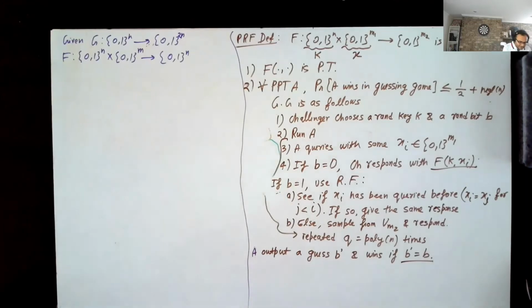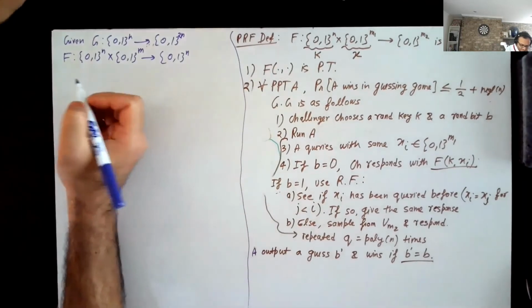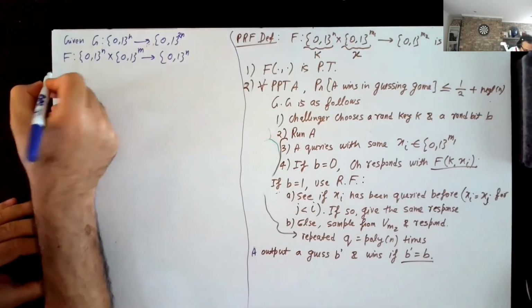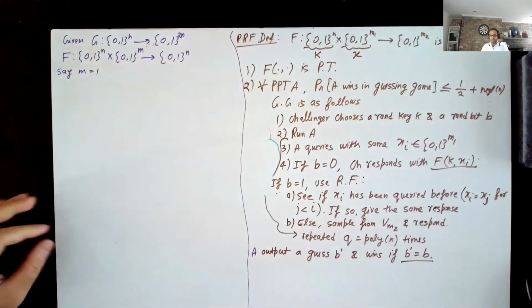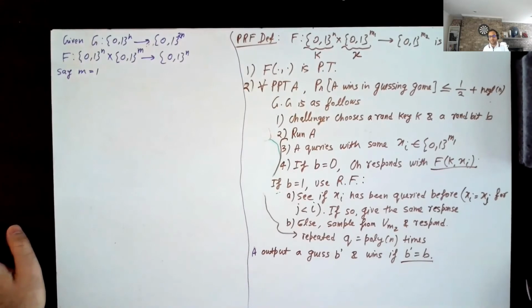So let's warm up slowly. Say m equals 1. It's just a very simple case. How do we do it?